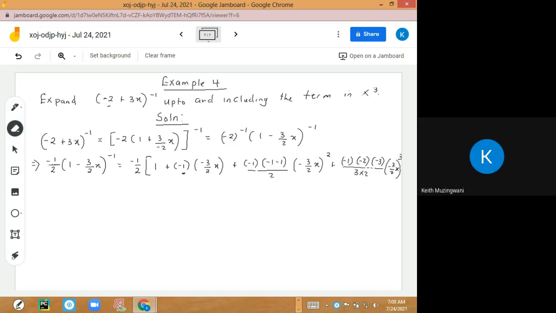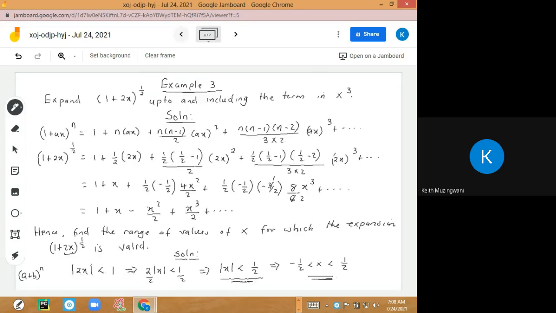Okay. So from the question, what we had is negative 2 plus 3x to the power negative 1. But we've established a very nice expansion here that if you have a 1 in the first position, it becomes easy for you to expand because you only pay attention to the B part.